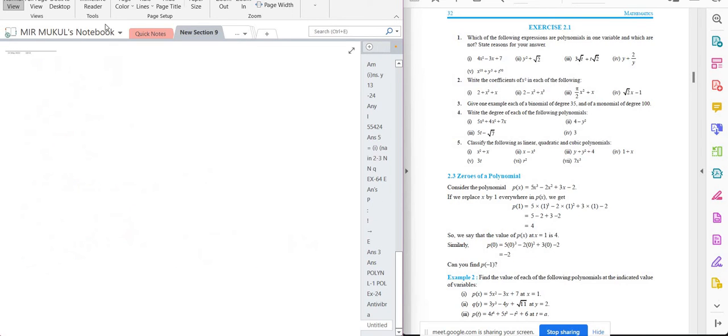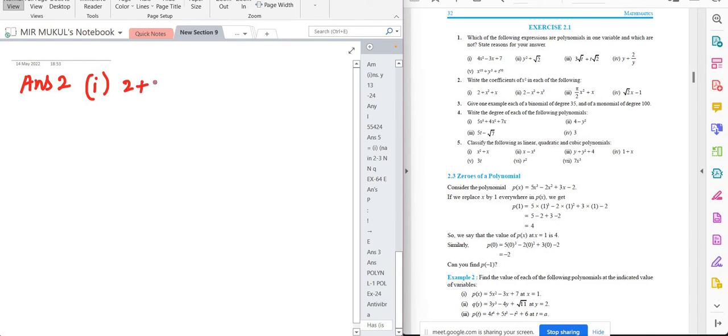Now, second, write the coefficient of x squared in each of the following. So in the first question we are getting three terms: 2 plus x squared plus x.